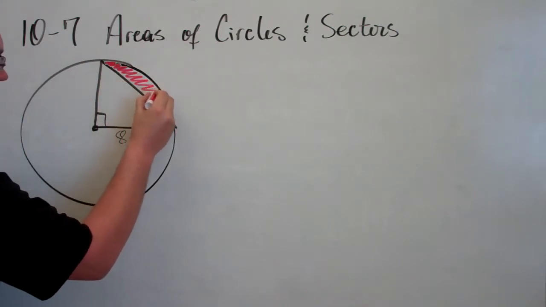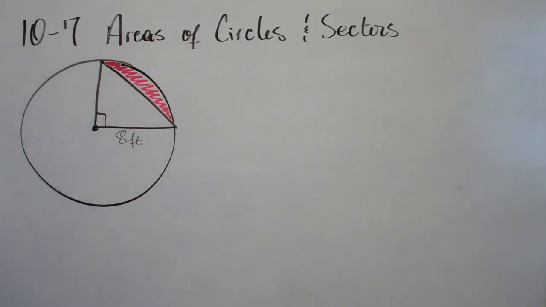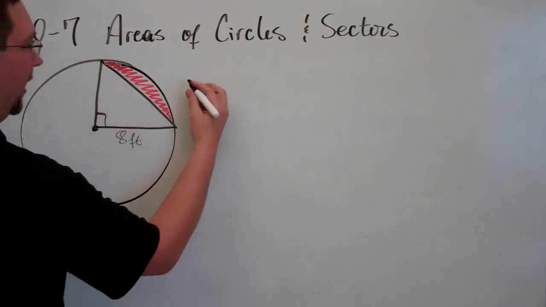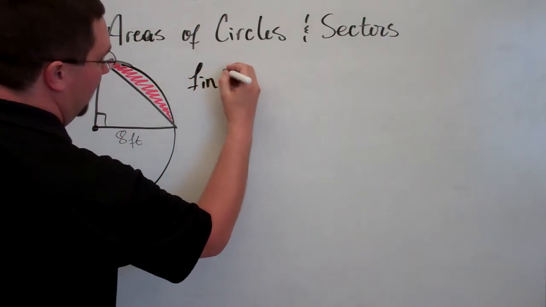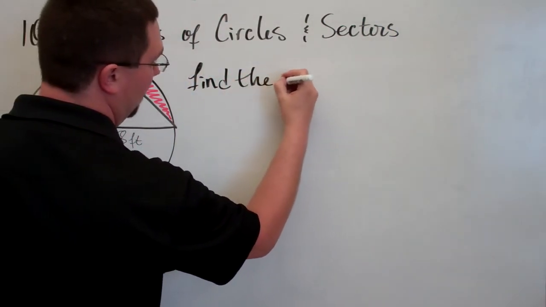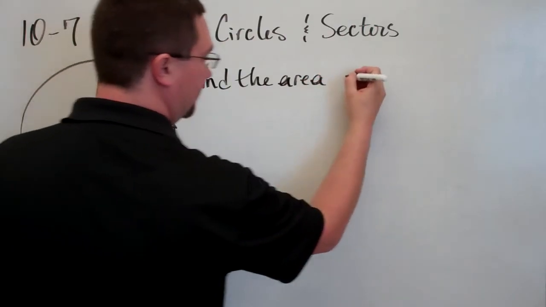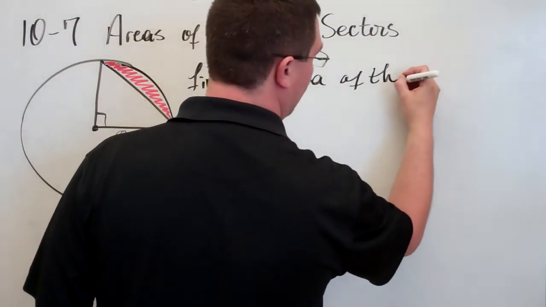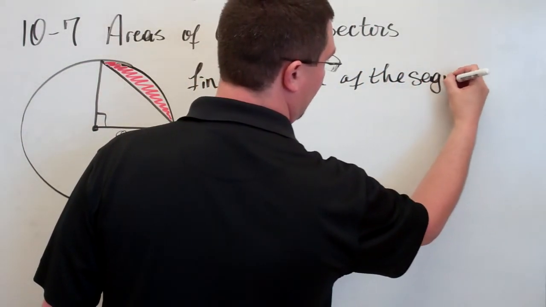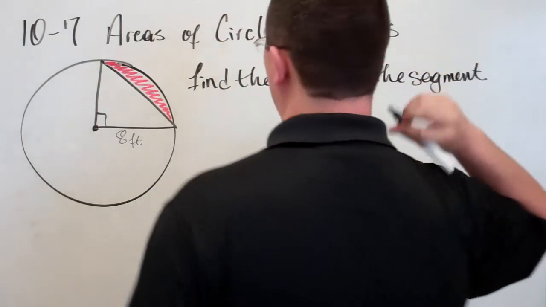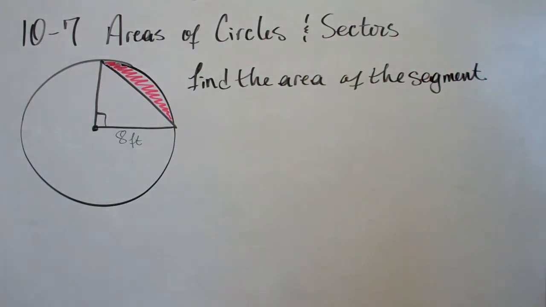I want you to find the area of the segment. Remember, a segment is part of a sector. It's like the pizza crust. So it's this red area. Pause the video, take a little bit, and find the area.